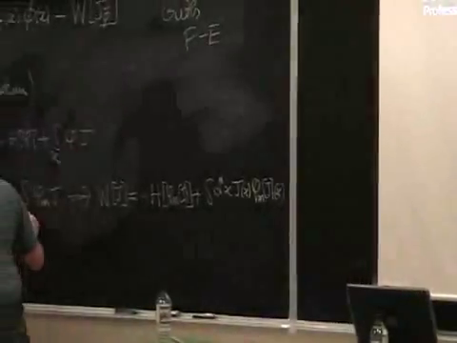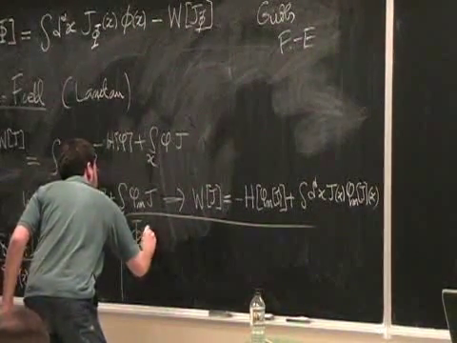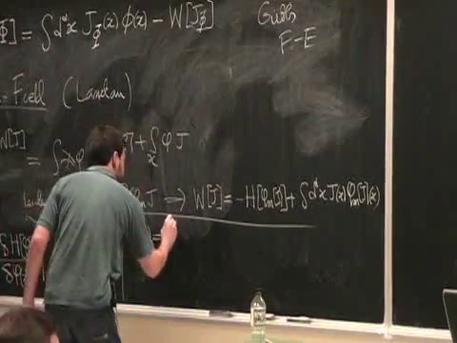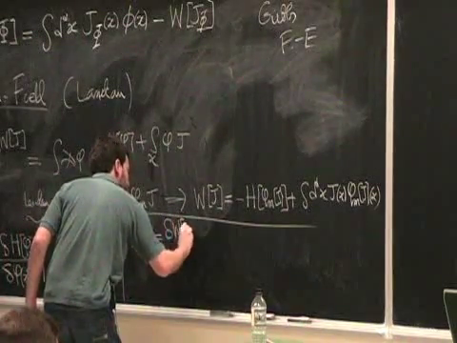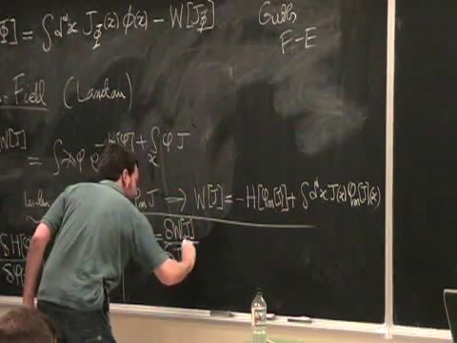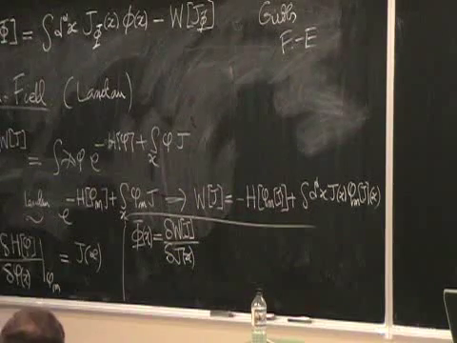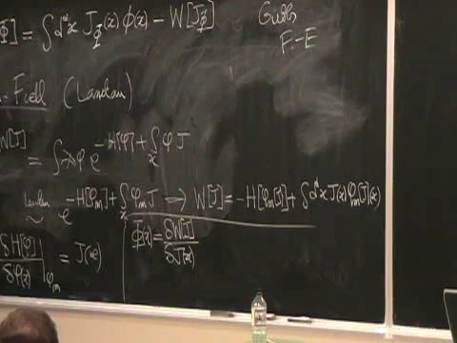So phi x is the derivative of W of J with respect to J x. I need to take the derivative.